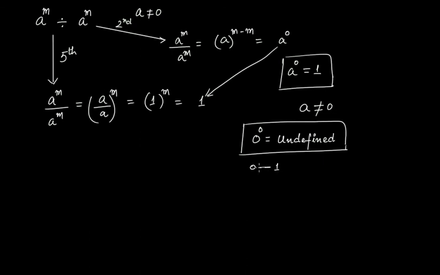So the fight is between these two values, and how and why, we'll learn when we move to higher standards. But at this level, just remember that 0 to the exponent 0 is actually undefined. That is why we say that if any integer has exponent 0, this will be equal to 1, but that number should not be equal to 0.